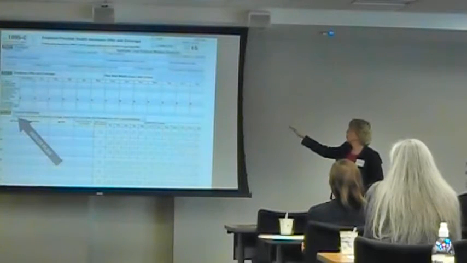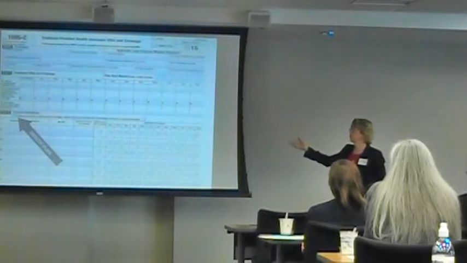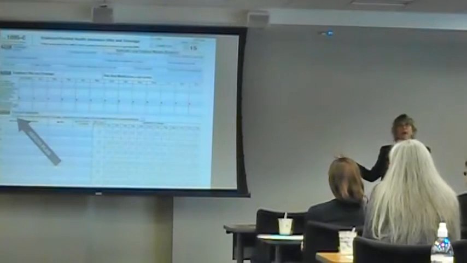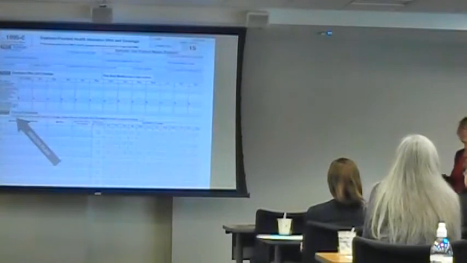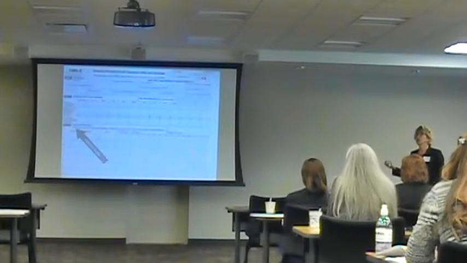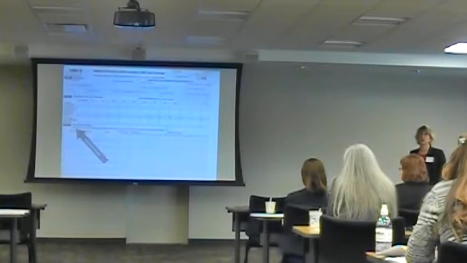And then they're going to work with you to get the information from you to enter into the system for Part 2, right? So it's Part 3, we don't have information about your employees that didn't take the coverage. We only have information about your employees that did take the coverage.